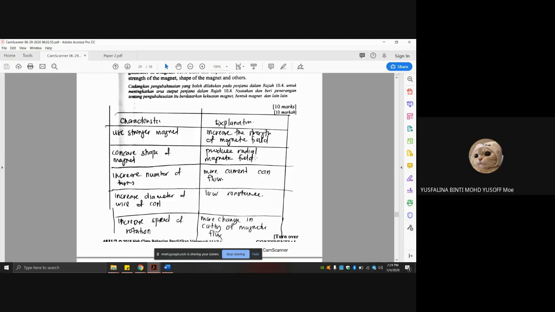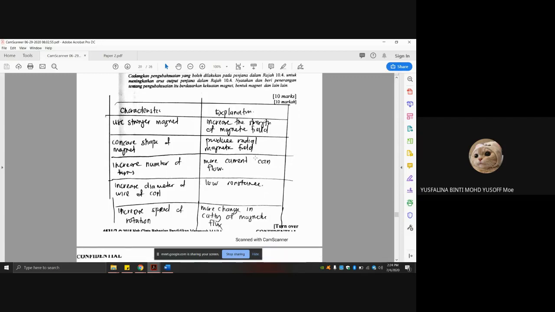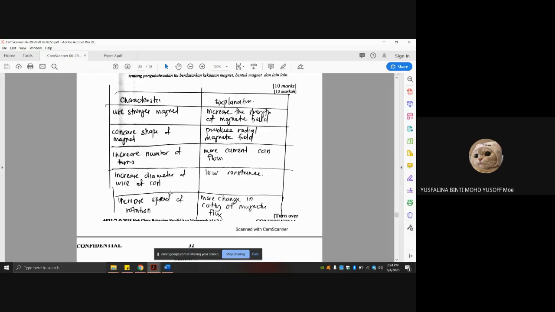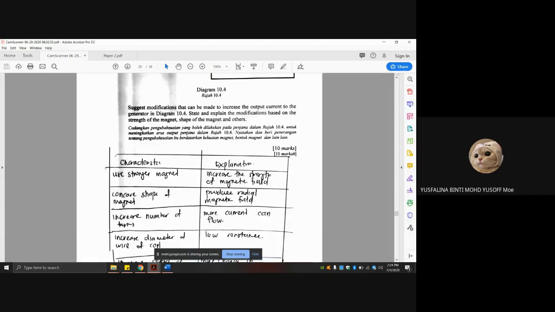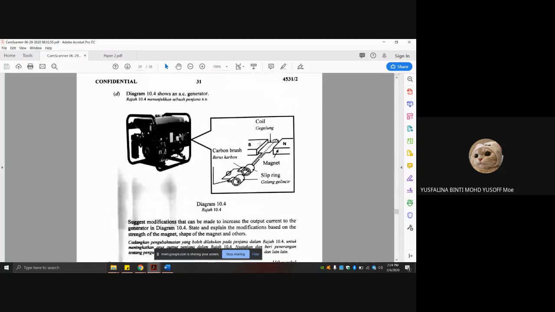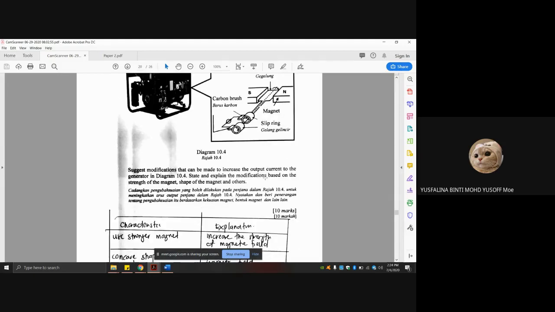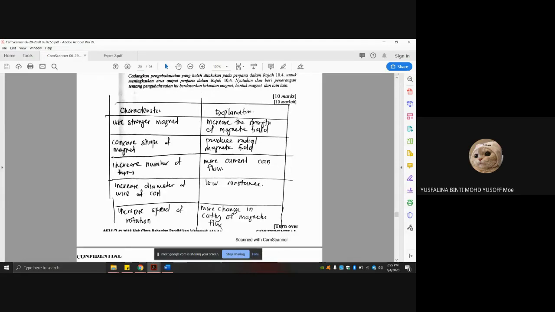When the surface area of the wire is higher, the resistance will be lower. The last one is increase the speed of rotation, so there is more change in cutting of magnetic flux. So you increase the velocity, and more magnetic field lines will be cut. So this is the characteristic and the explanation.